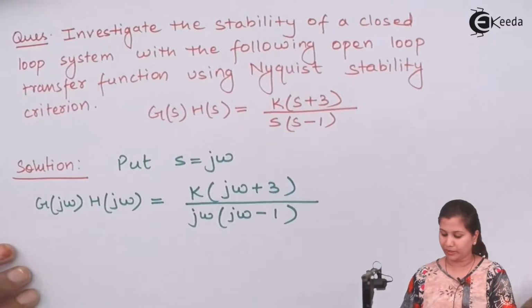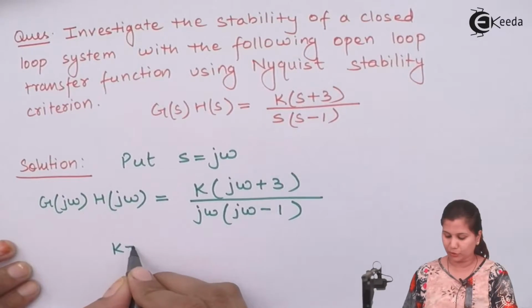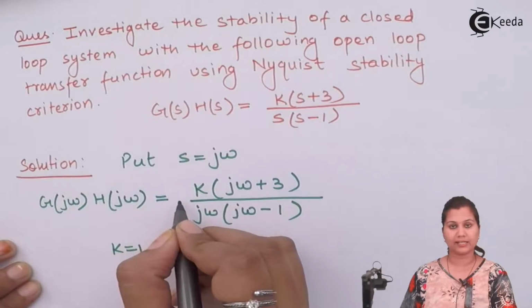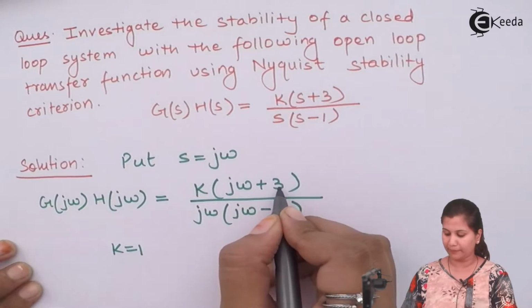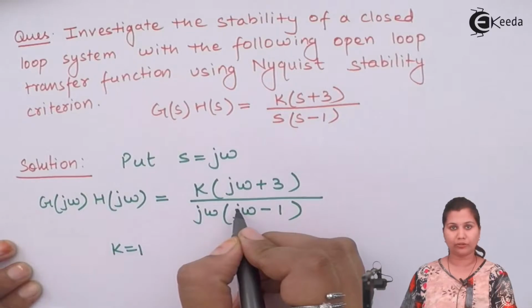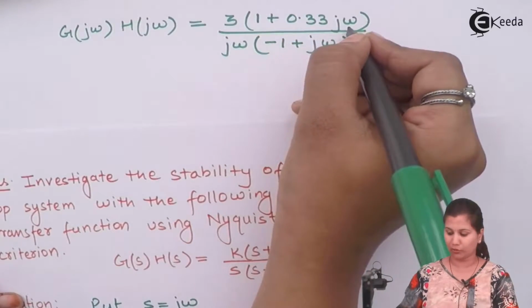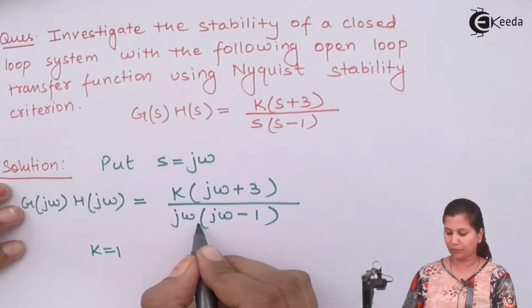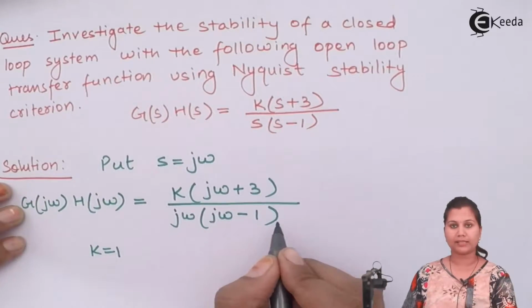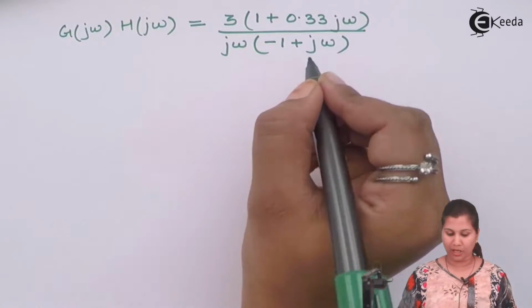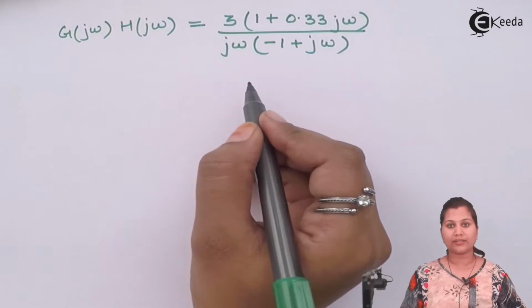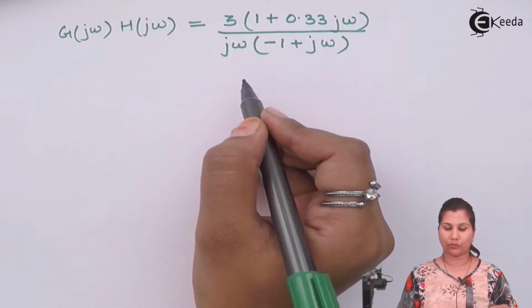Okay, so here we have taken K equals to 1 and 3 has been taken as common. So we are left with 1 plus j omega by 3. So 1 by 3 is 0.33 j omega, and here we have j omega times (j omega - 1). Okay, so this is our transfer function in the frequency domain.